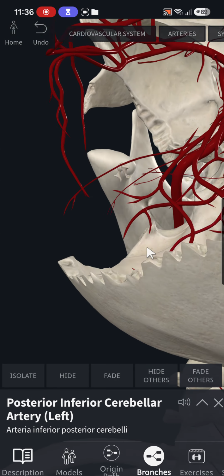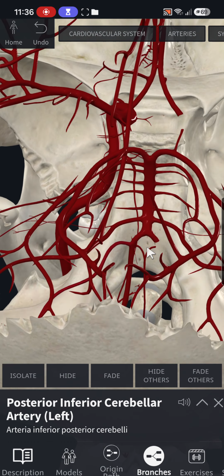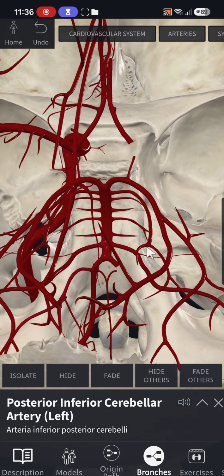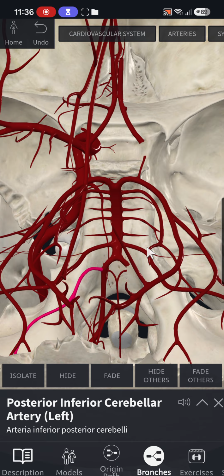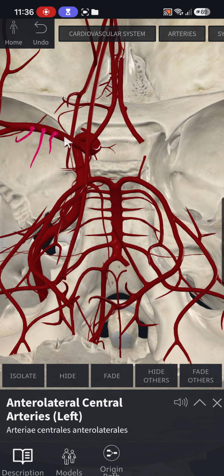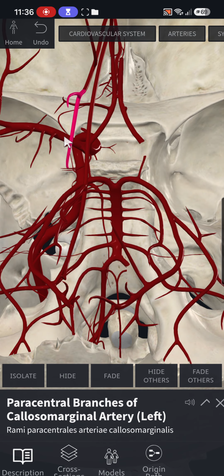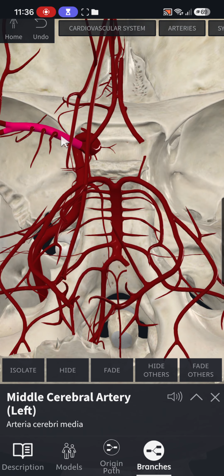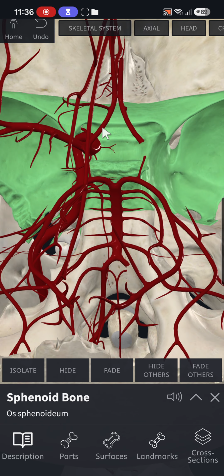Now let's go to the anterior circulation. The anterior circulation is supplied by the internal carotid artery. It gives off the middle cerebral artery, and it gives off the anterior cerebral artery.